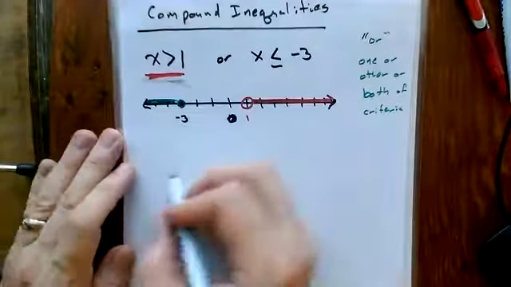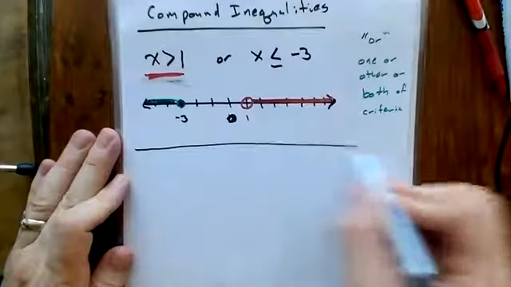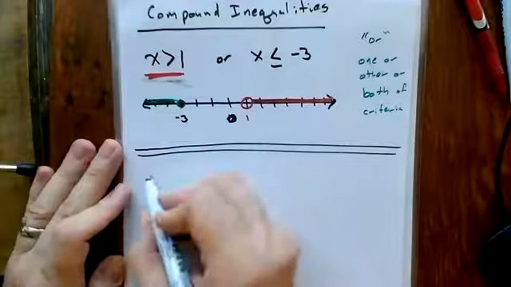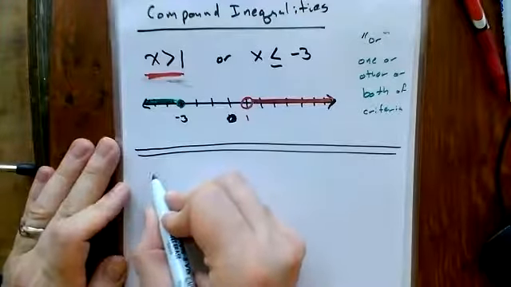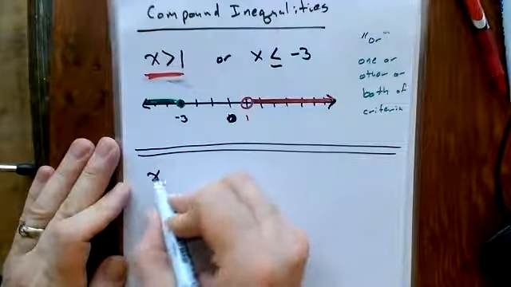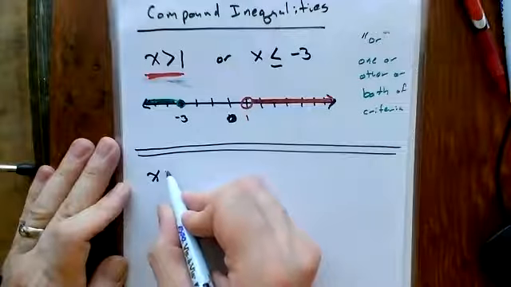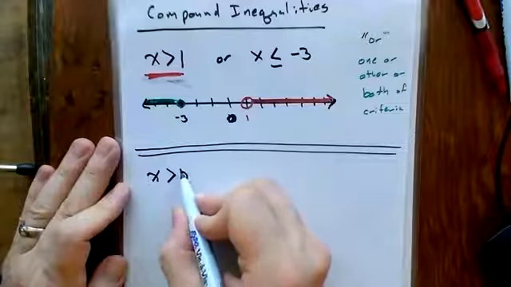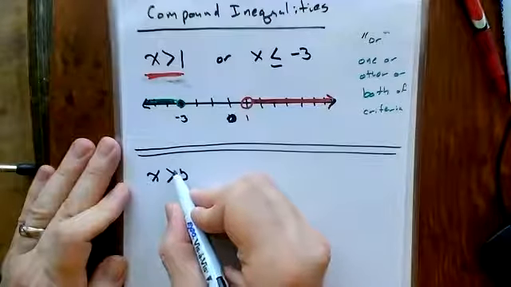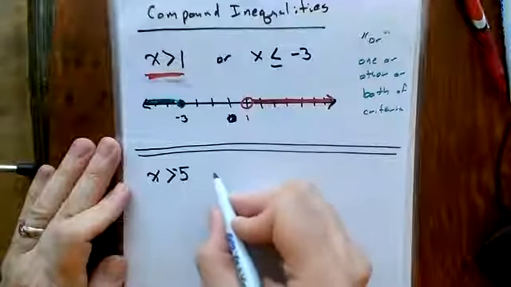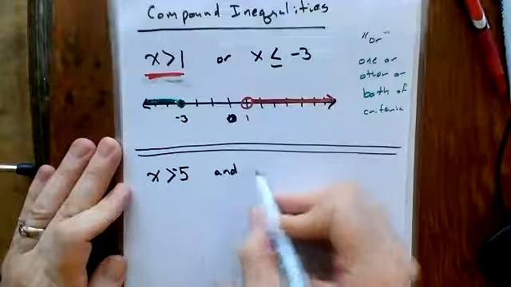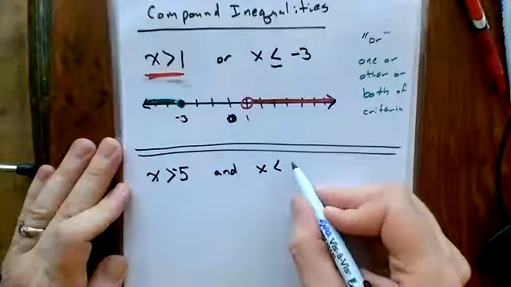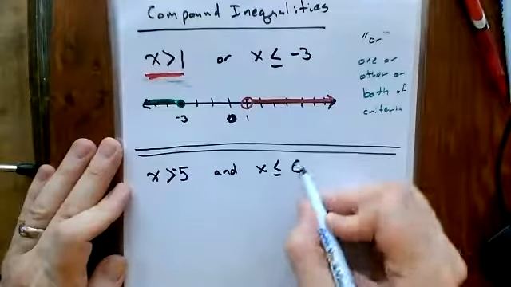And like I say, our use of the word and, so let's say I've got something like x is greater than, actually greater than, say, -5, and x is less than or equal to 0.